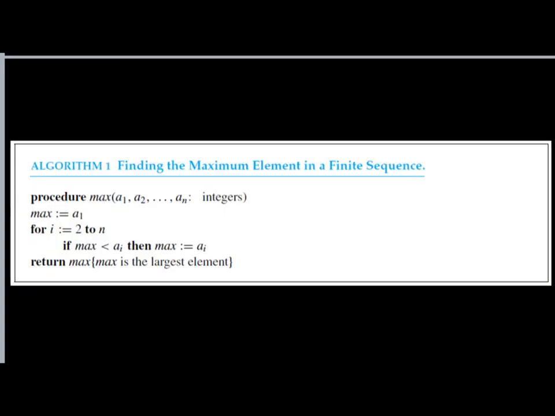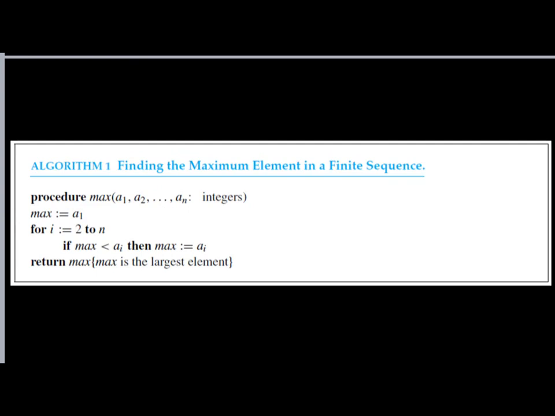So here's our first example of an algorithm, finding the maximum element in a finite sequence. The procedure is called max, and it takes as its input n integers. Now, this is something I want you to pay attention to. How do you know that there are n integers there? Well, you have these little subscripts. These are called your indices.